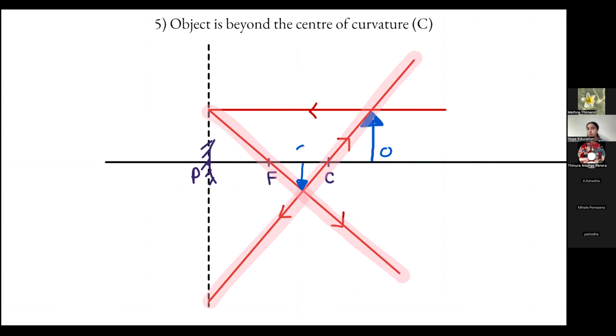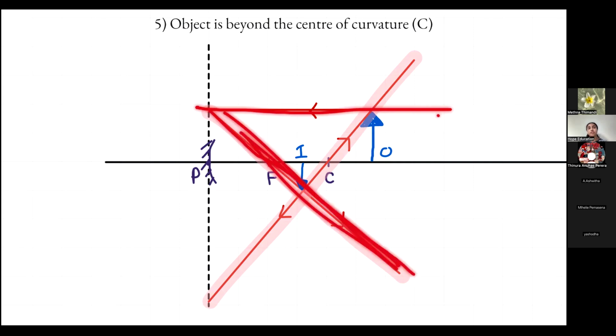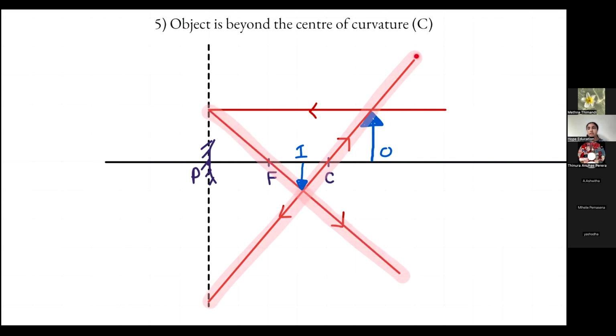Let me explain this one more time. Our object is positioned beyond the center of curvature. You send a parallel light ray, it will be reflected through the focal point. So this is the reflected light ray. You send a light ray through the center of curvature, it will be reflected along the same path, like this. So where the two reflected light rays meet is here, you draw the image here.